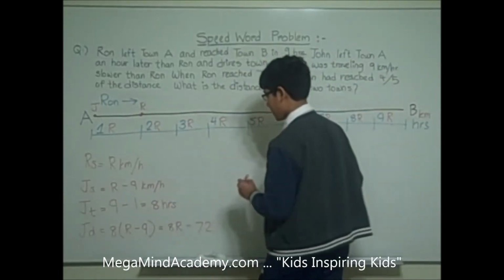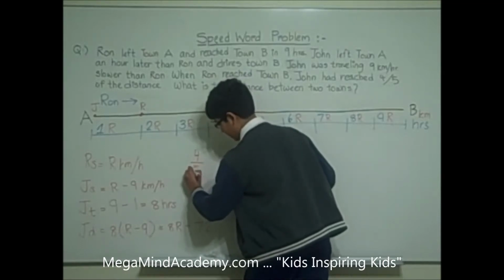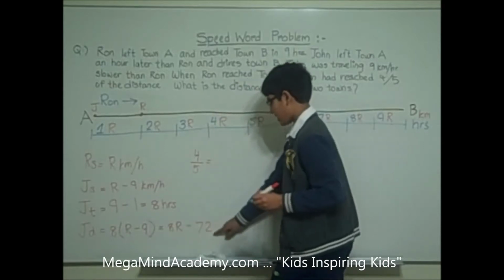Now, it also states in the problem that John had reached 4/5 of the distance. So this means that 4/5 of the distance is equal to 8R minus 72.